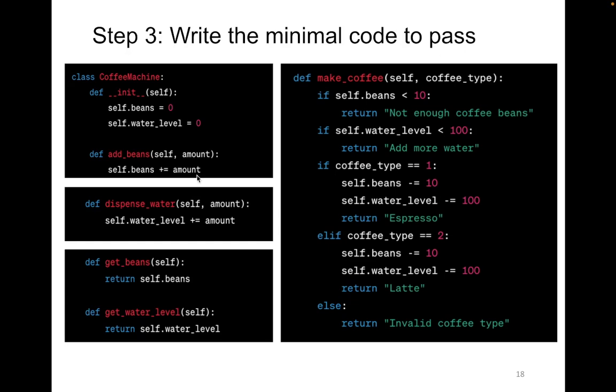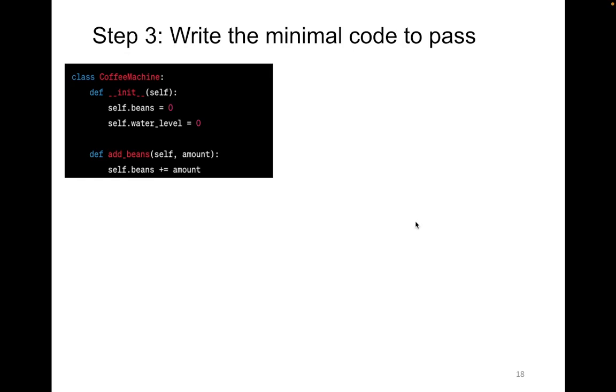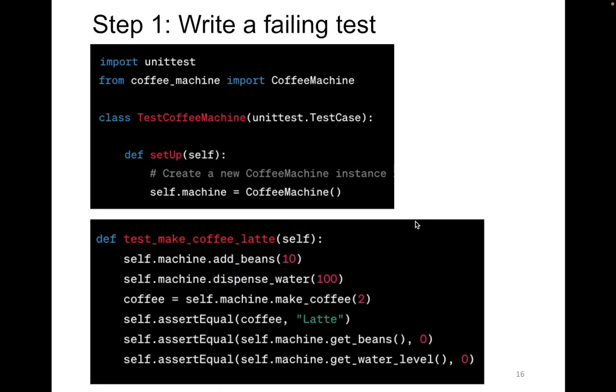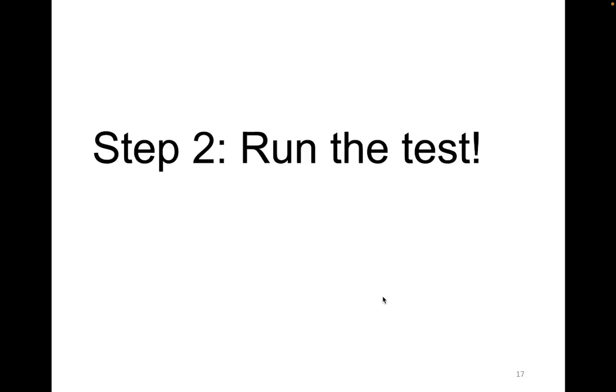But before writing a huge test like this, we can also check that we can add beans, that we can add water, and that we can request different coffee types and so on and so forth.